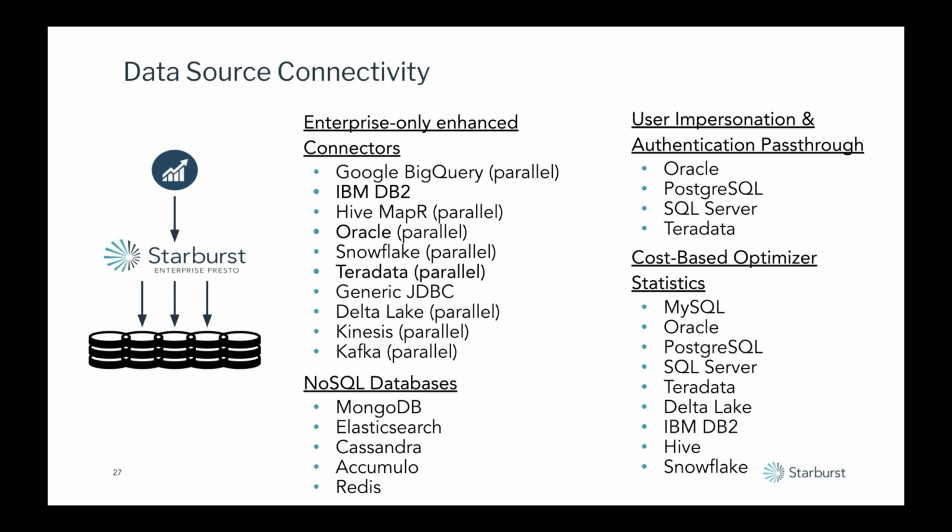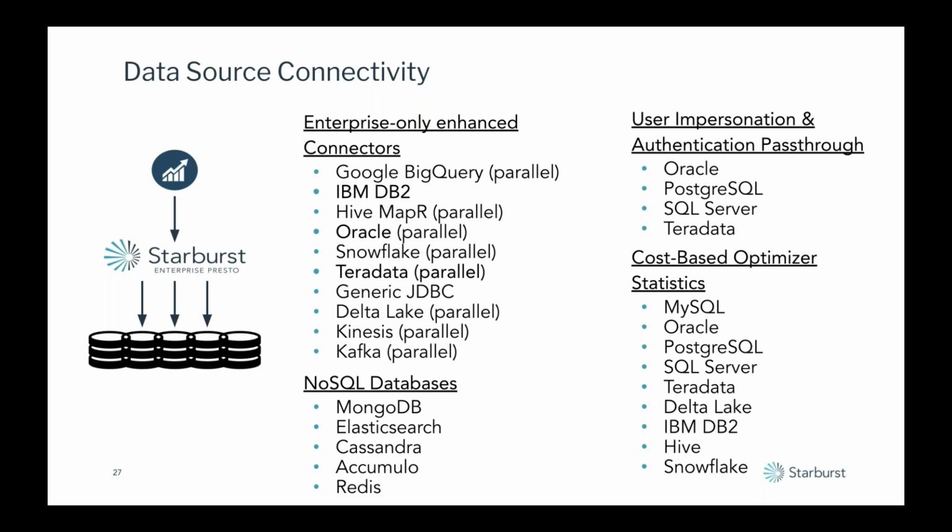That obviously speeds up the data load times and overall query performance. There are some connectors here that are proprietary to Starburst. There are some examples like Snowflake, which is a well-known cloud-based data warehouse.